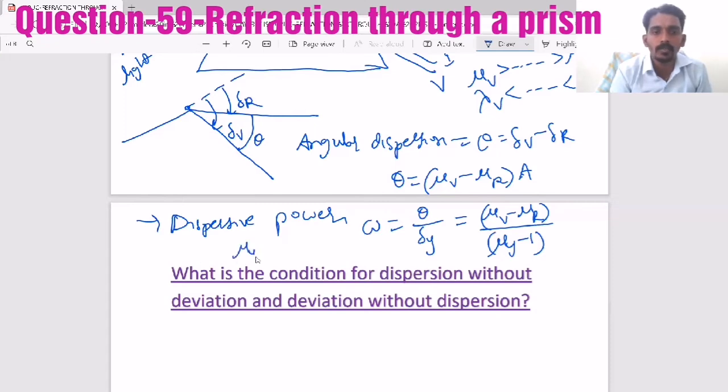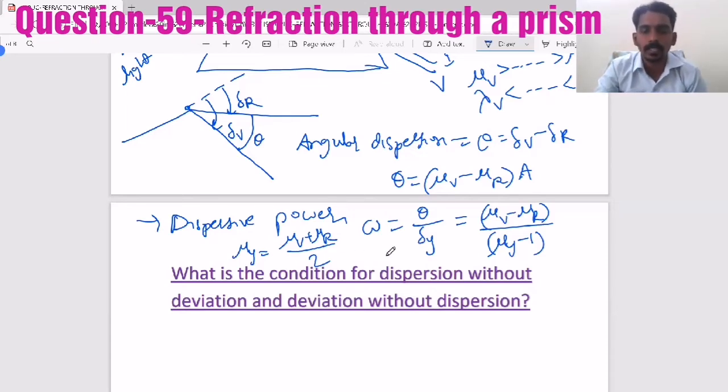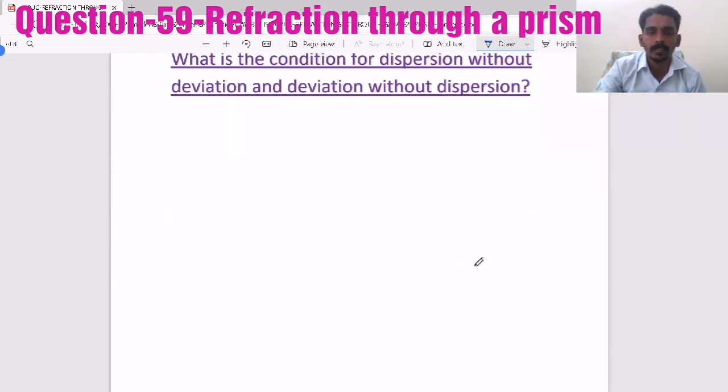When they have not given mu for yellow, then you have to take the average of violet and red. So the angular separation between violet and red light is called angular dispersion, and the ratio of angular dispersion to the mean deviation, which approximately we take for yellow, is called dispersive power. The question can also be asked based on this dispersive power.